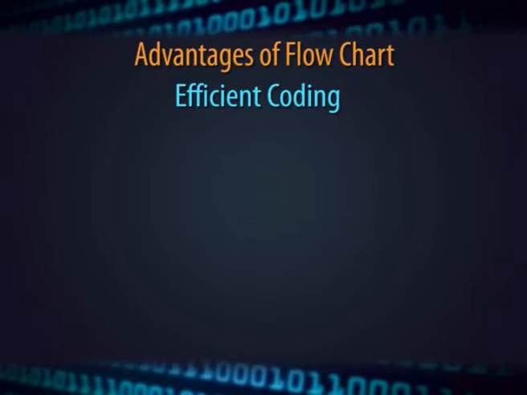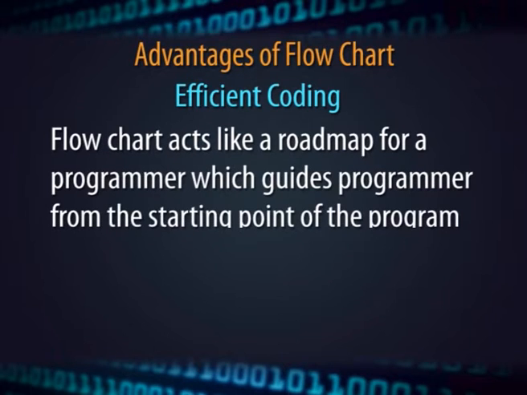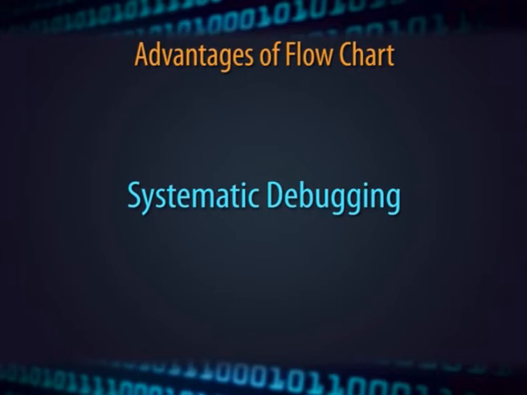Now we will discuss the advantages of a flowchart. Efficient coding. A flowchart acts like a roadmap for a programmer, which guides the programmer from the starting point of the program to the ending point of the program. Once the flowchart is ready, it is very easy to write code for that problem. Second advantage is systematic debugging.